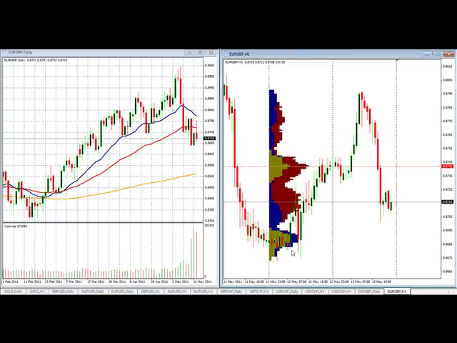We have three setups that we're going to look at. The first one is the euro pound, and although we're in a clear uptrend, we have sort of a head and shoulders pattern going on here, depending on how you want to look at it. And we can define the neckline right around here.